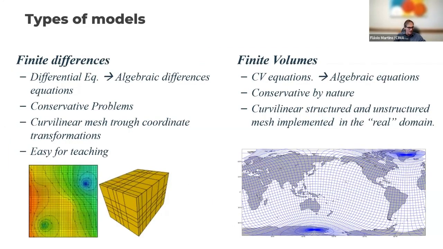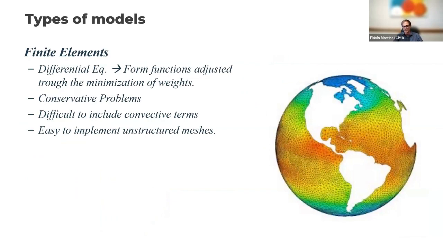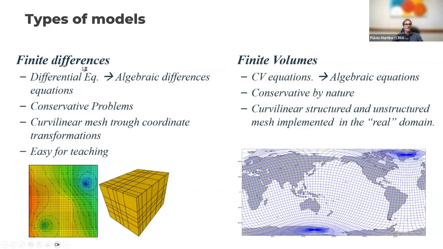So a little bit about types of models. We have basically three different types of models: finite differences, finite volumes, and finite elements. Okay, the big difference between finite differences and finite volumes is that in the finite differences, we transform the differential equations, those equations that we don't have a solution for, into algebraic difference equations.